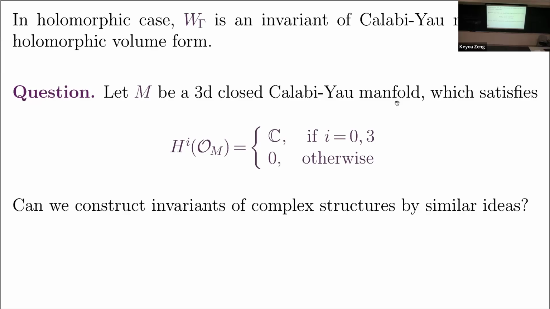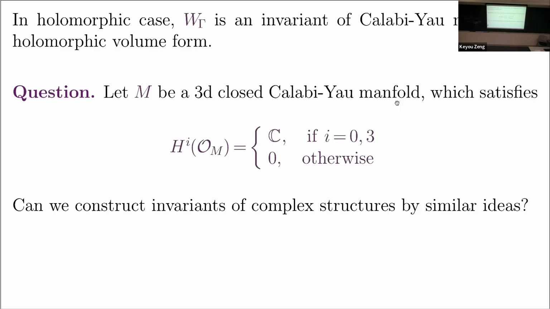I don't know the answer, because the calculation in holomorphic field theory is much more complicated than the topological case. But we can expect such a result, because in the physics literature, people conjectured that there exists some holomorphic field theory, which is called Kodaira-Spencer gravity theory.